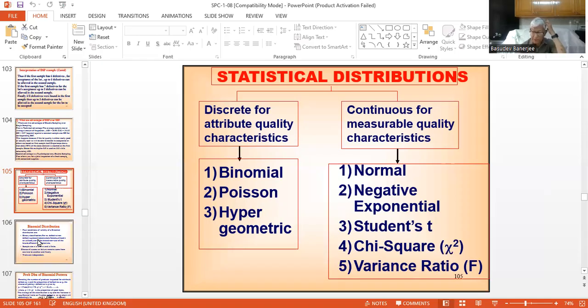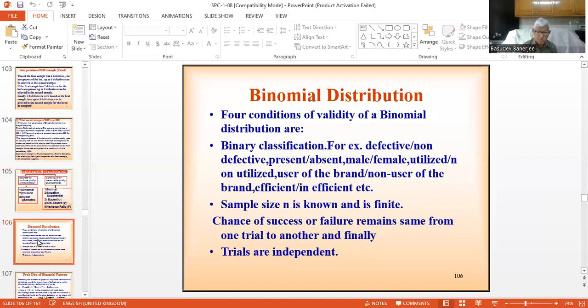If it is a number of areas, then it will be multinomial. So binary classification: defective, non-defective, male, female, utilization or non-utilization, user of the brand, non-user of the brand, efficient, inefficient, and all that.